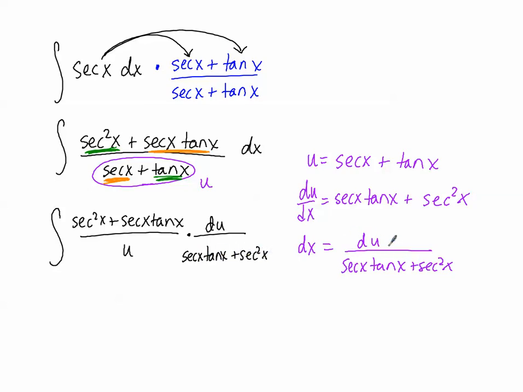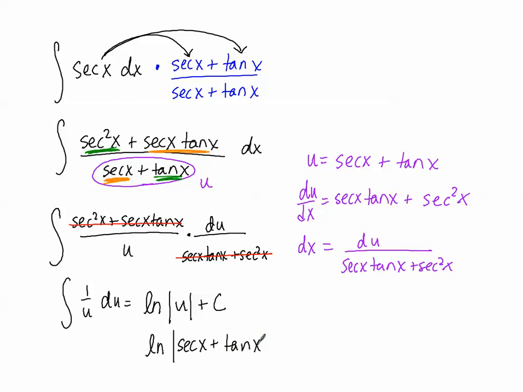What do we see? The secant tangents cancel the secant tangents down there, all that expression. So what's left? Integral of 1 over u du. We know how to deal with this. Natural log of the absolute value of u plus c, or better yet, the natural log of what u equals. Secant x plus tangent x plus c. Yay.